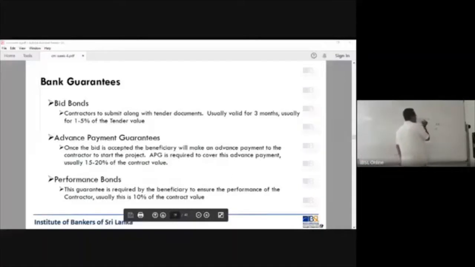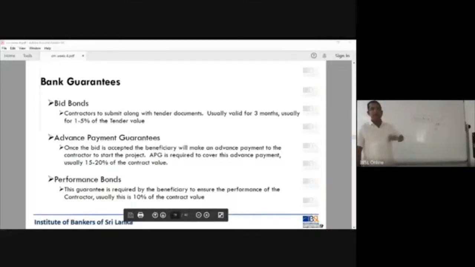So UDA wants a bank to confirm, okay, my customer, if selected, will take over the job. If not, I will pay 1 to 3%, normally this 1% of the tender value as a compensation. With all the tenders, we need to have a tender bond.